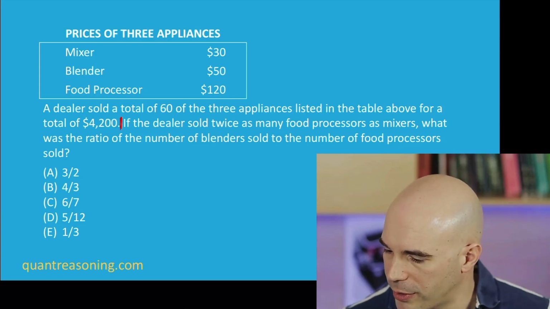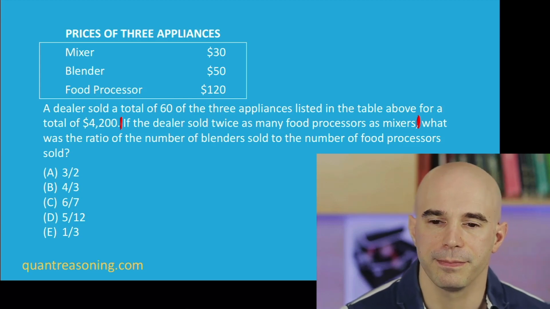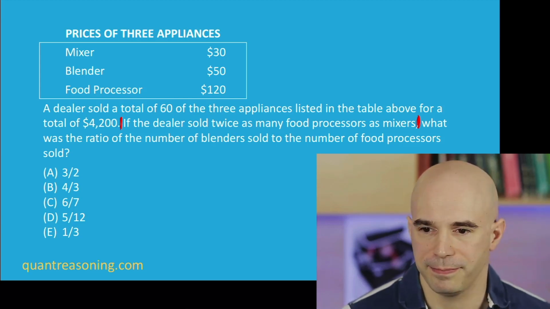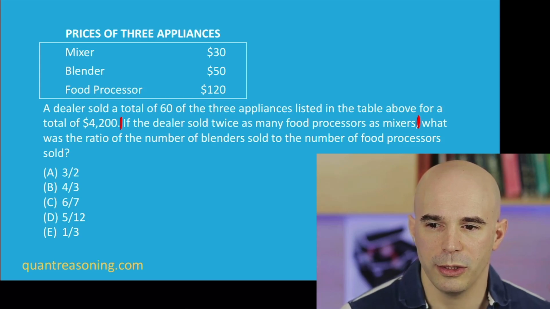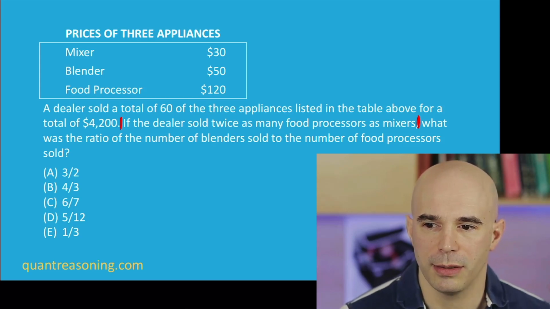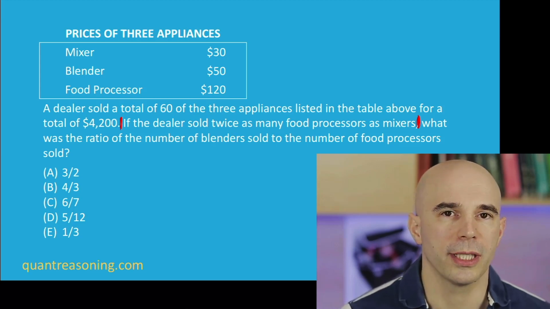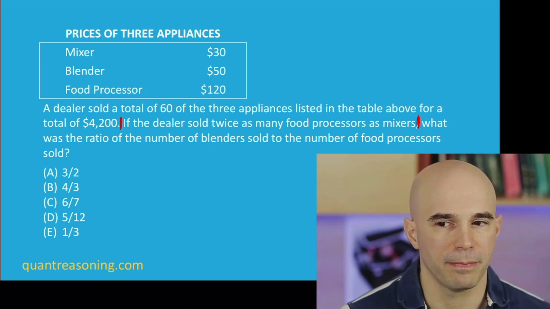What do you all think about taking a nice long pause at the comma? Good idea or bad idea? It's a very good idea. What could you do during that pause? Is there another inference to be made once we know the ratio of food processors to mixers?